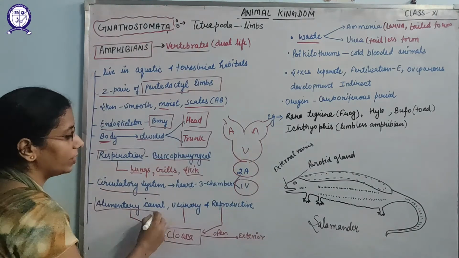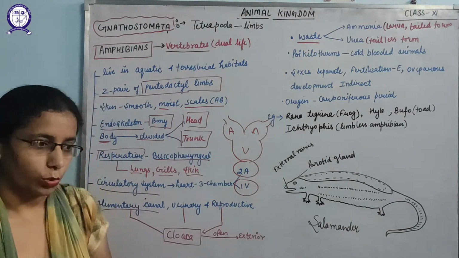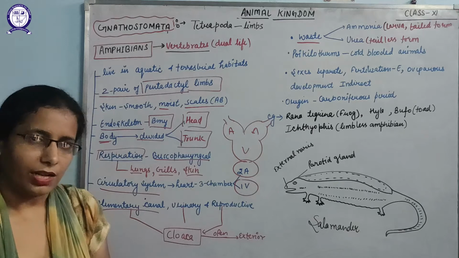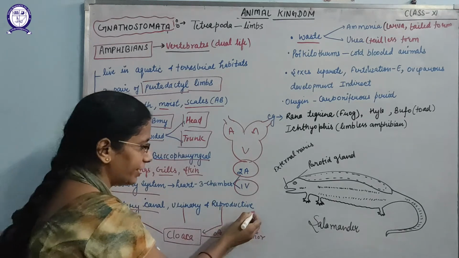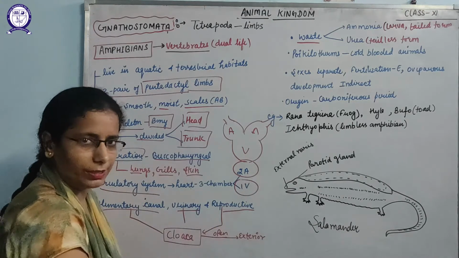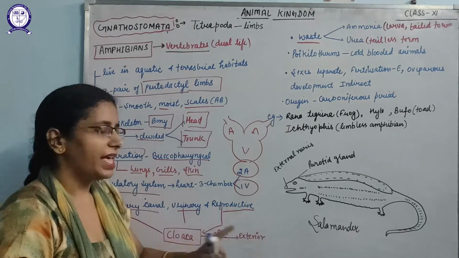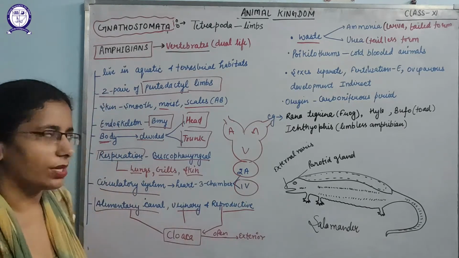We will also discuss the common chamber that is known as the cloaca. Cloaca is where the alimentary canal, urinary tract and reproductive tract, all these 3 tracts, open commonly into a part that is known as the cloaca, and that will open to the exterior. So it is a common chamber.